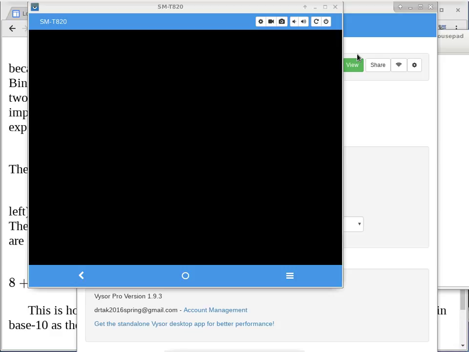And let's add a new notebook. Create and open.